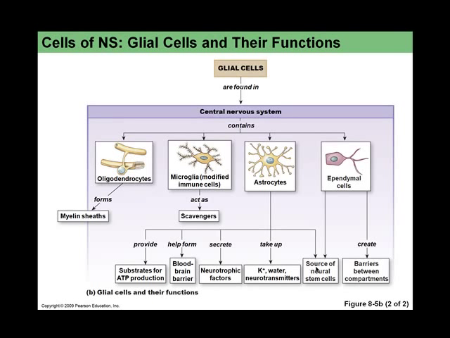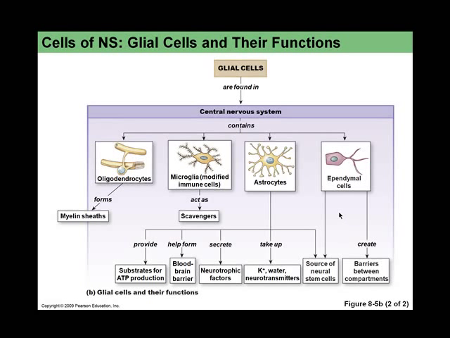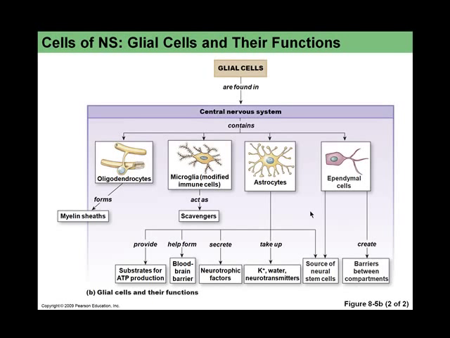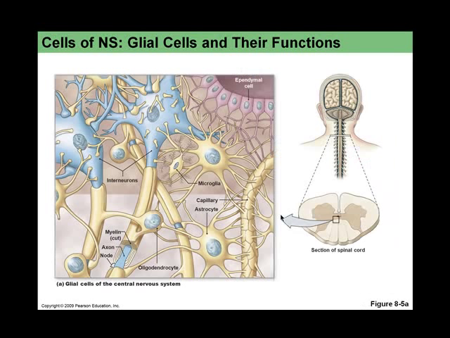And they are thought to be a source of some neurostem cells, as well as the cells lining the cerebroventricular system, called the ependymal cells. And the ependymal cells create a barrier between different compartments, such as the cerebrospinal fluid and the interstitial fluid surrounding the other cells of the nervous system, astrocytes, microglia, oligos, and the neurons.